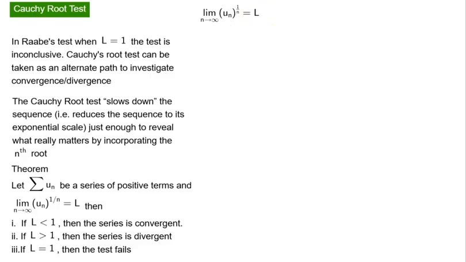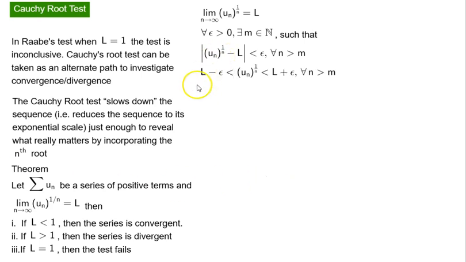equal to L. For all epsilon greater than 0, there exists m in the natural numbers such that the distance from the limit to this term is less than epsilon eventually.